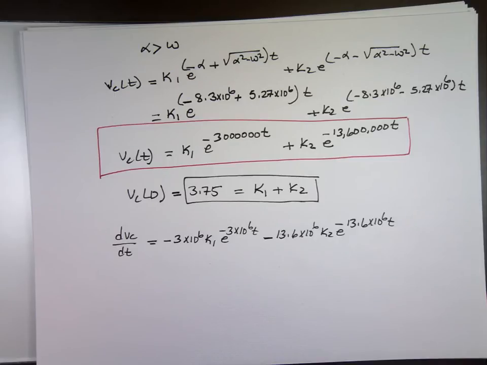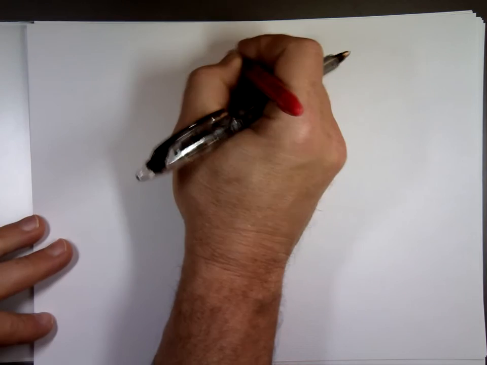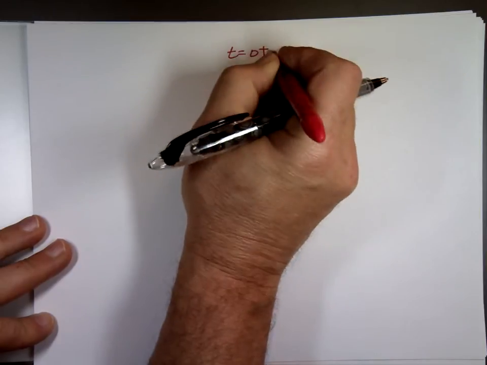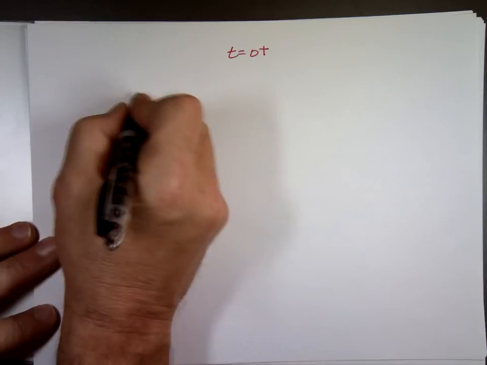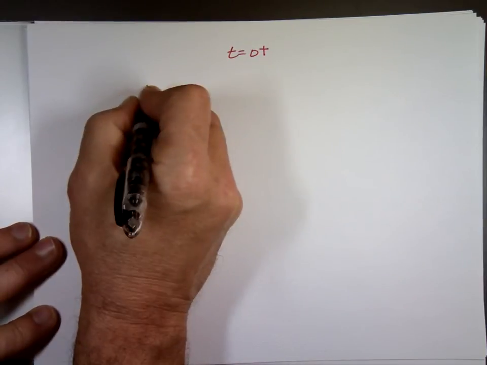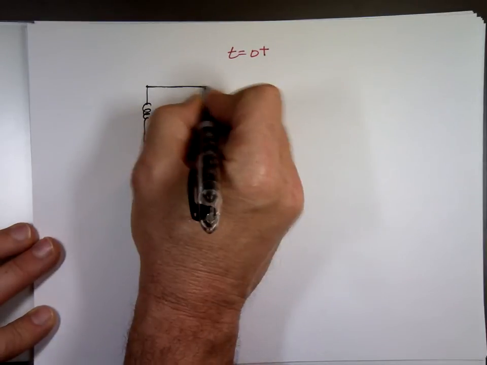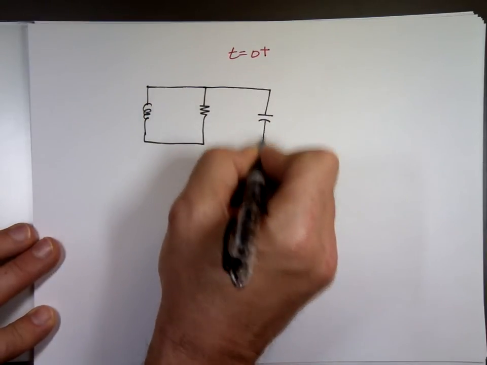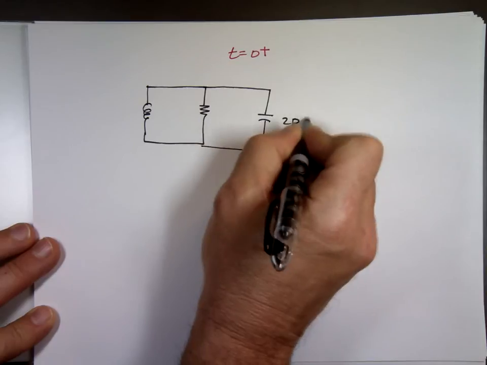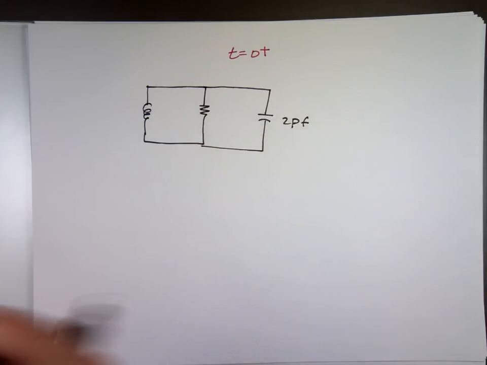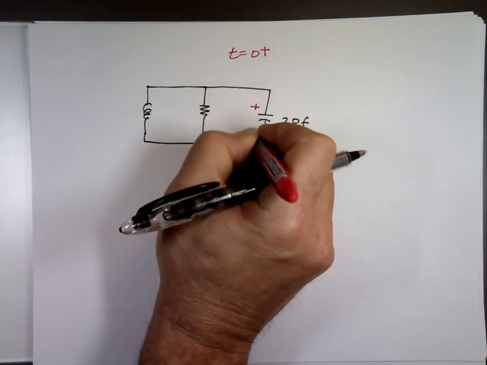Let me look at the circuit at t equals 0 plus, at that instant. Here's my circuit. I got the inductor here, the resistor, and the capacitor, 2 picofarad. I know the voltage here is 3.75.